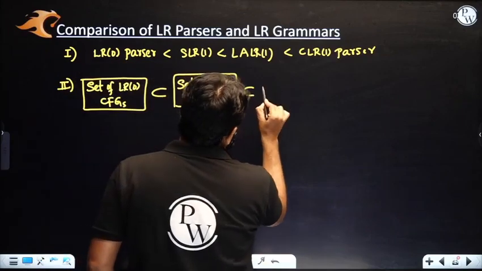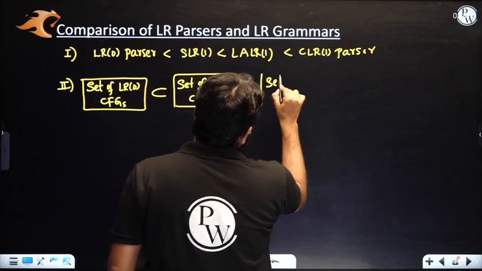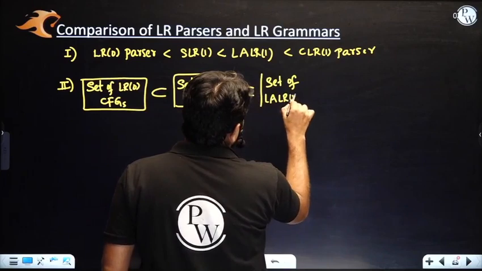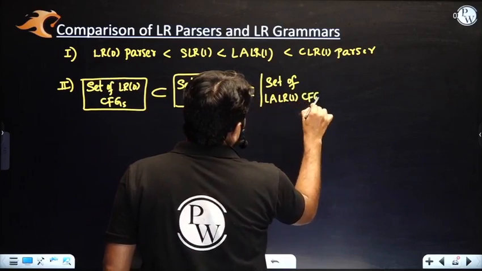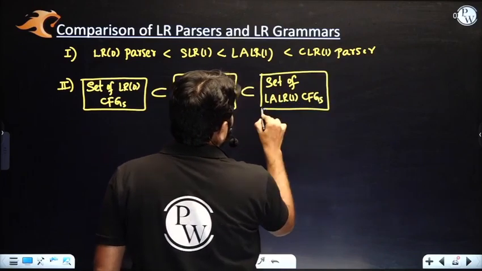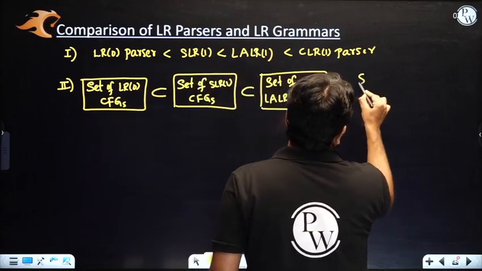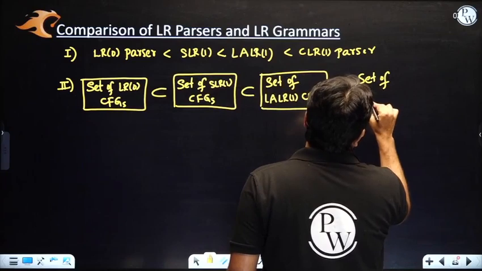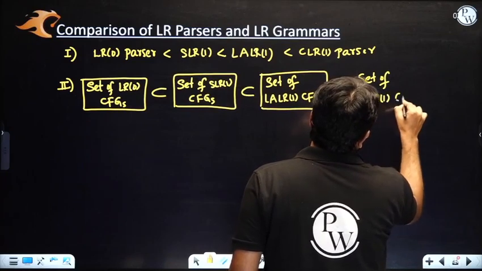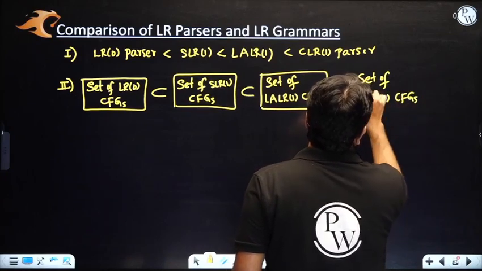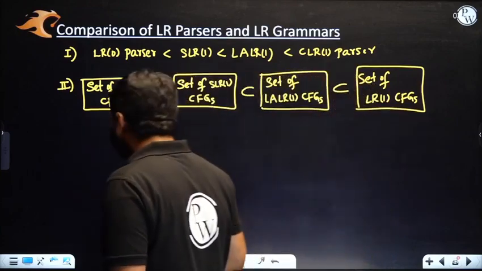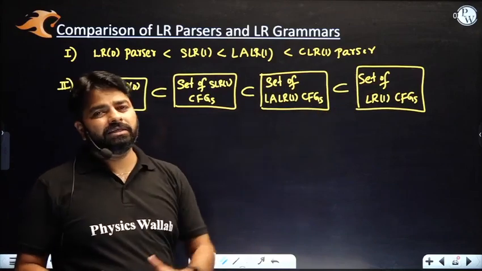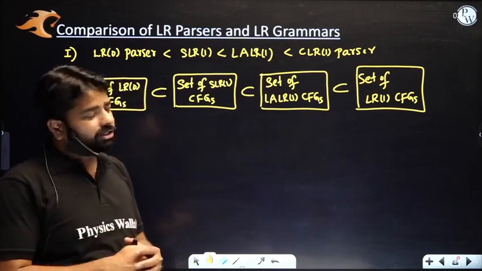This set is definitely inside the set of LALR1 grammars. This set is strictly a subset of the set of all LR1 or CLR1 CFGs. This is about the relation of grammar classes. These four classes actually have a subset relation.